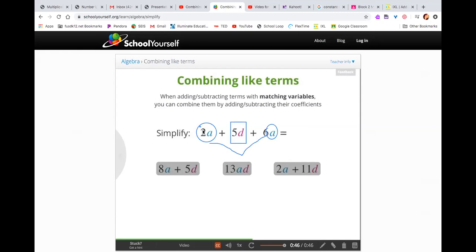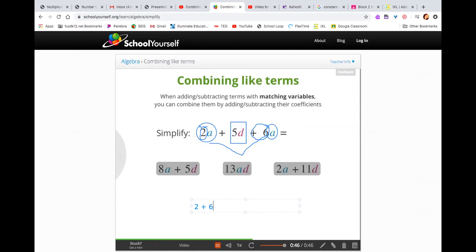If I'm looking at the coefficients, 2 plus 6, I'll rewrite it another way. So I'm looking at 2 plus 6.